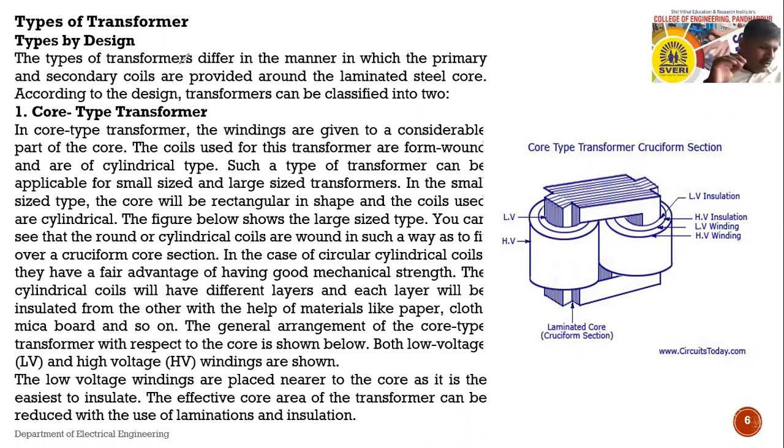Okay, now we will discuss the constructional part. These are the two main types of transformer, core type and shell type. Why is it called core type, why is it called shell type, what is the difference between them? Now, types by design or types by construction. Transformers differ in the manner in which the primary and secondary coils are provided around the laminated steel core.